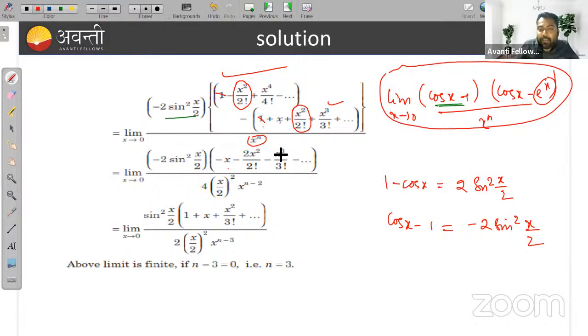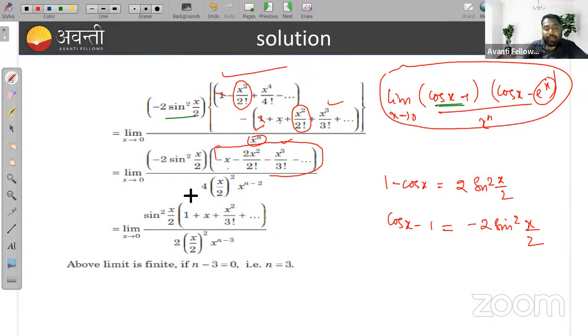Similarly minus x cube by 3 factorial, and then minus twice of x to the power 4 by 4 factorial. So when we subtract the series of e raised to x from the series of cos x, we get this series, right? Now see.